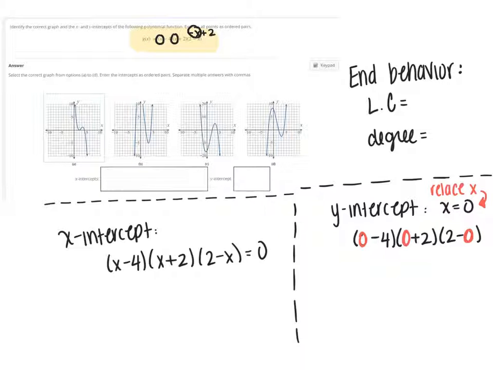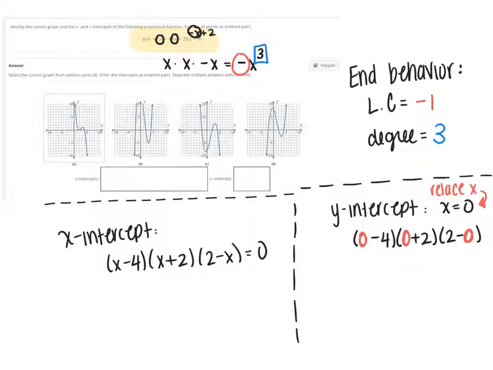So for my leading coefficient, I'm going to have x times negative x. So that's going to give me negative x cubed as my first term. Now, I don't care about all that other stuff. End behavior just deals with the leading term. So the leading coefficient in this thing is negative 1, and the degree is 3.